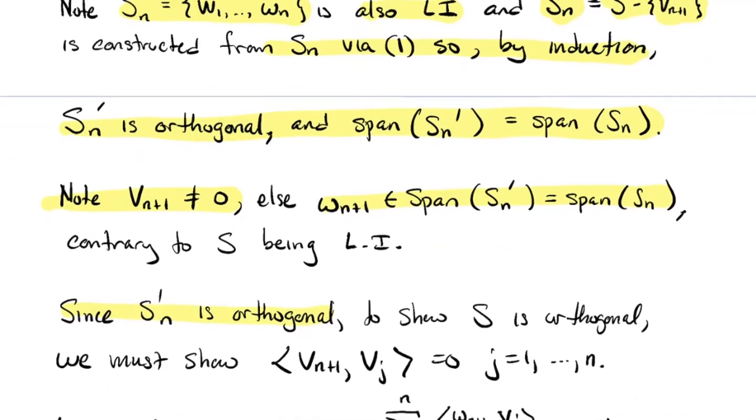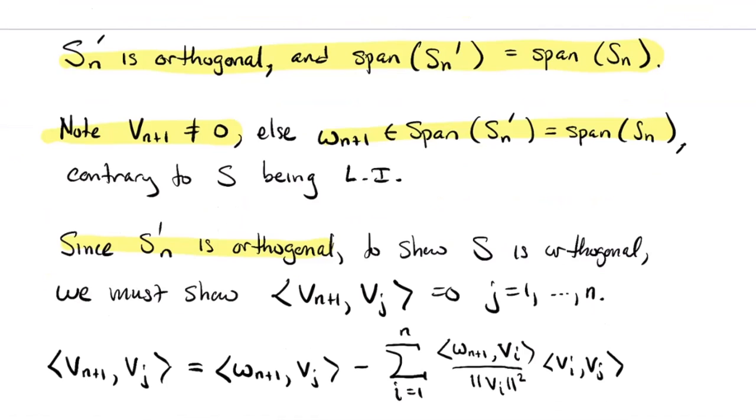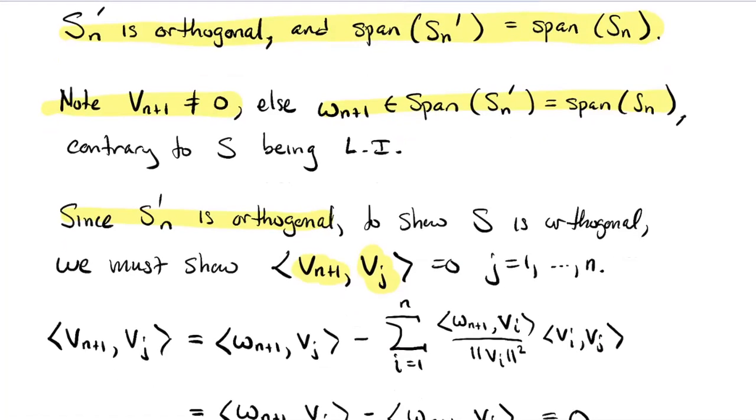So to show that S prime is orthogonal, I just have to show that this new vector, Vn plus 1, is orthogonal to the other V's. Okay? Because if you take two subscripts, say i and j, where i is also less than or equal to n, then we know that those are elements of Sn prime, which is orthogonal. Okay, so this is sort of like the argument that I did above, but just when n plus 1 was 3.